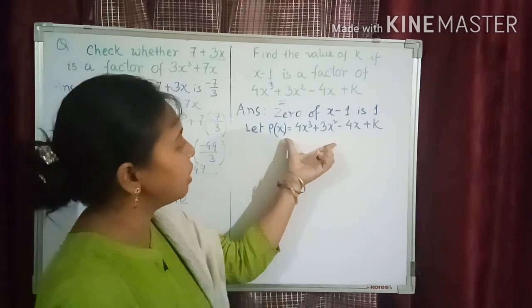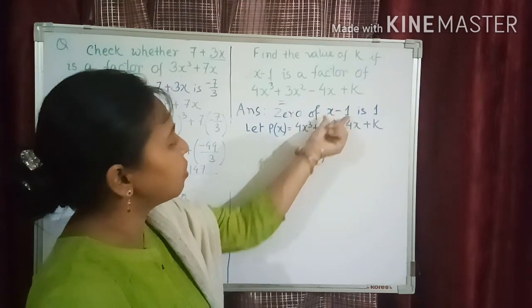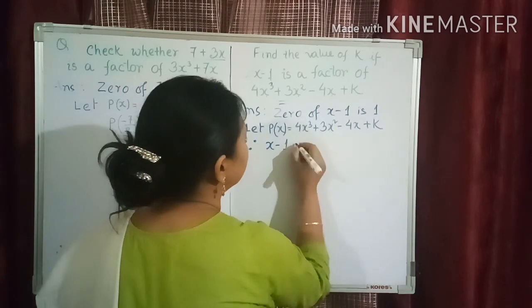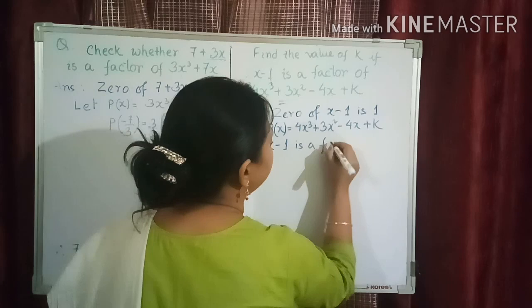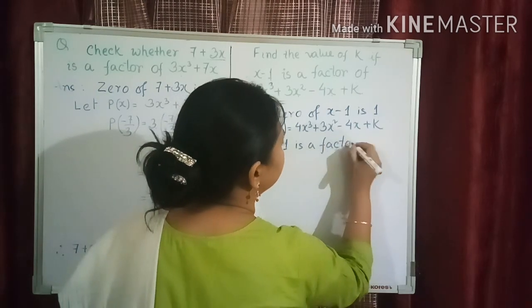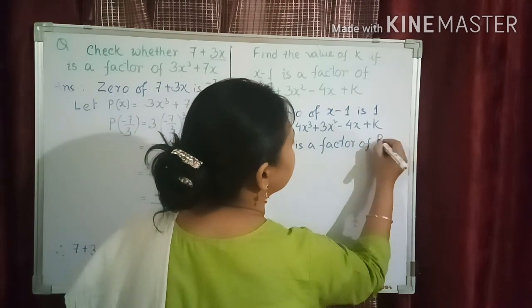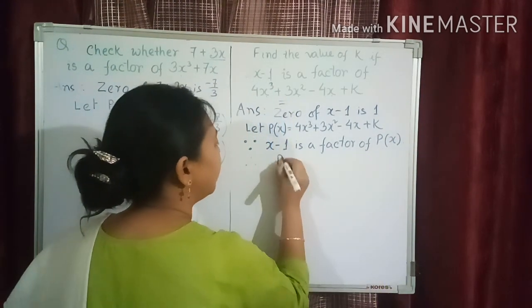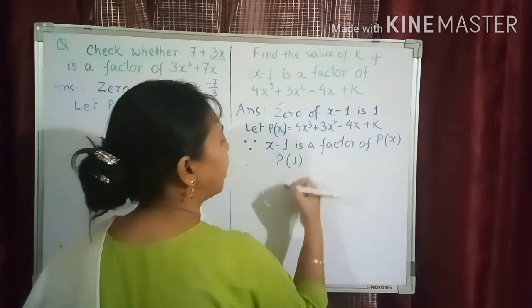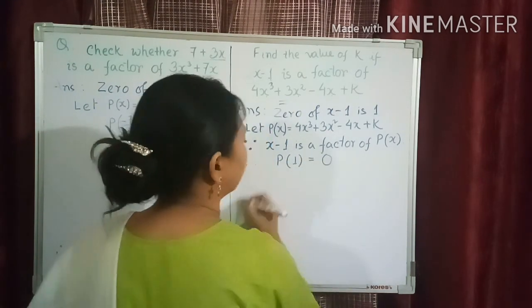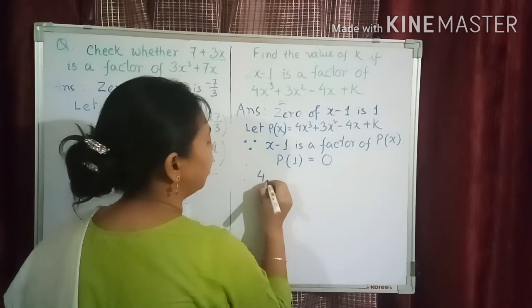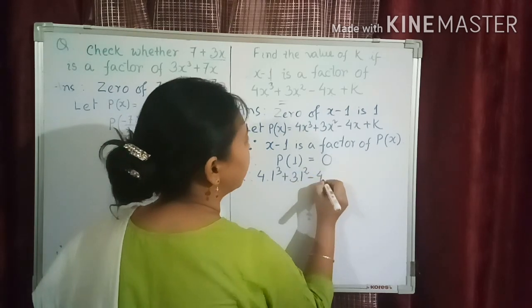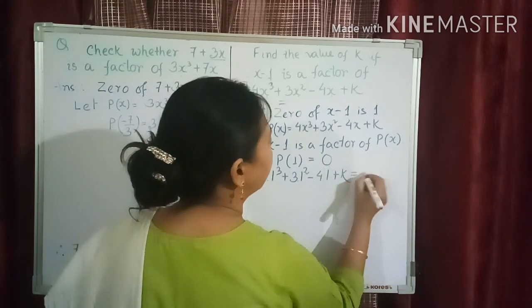After this we know that this is a factor, so we write, since x minus 1 is a factor of P(x), therefore P(1), if we put this value here, we will get 0. So therefore 4 into 1 cube plus 3 into 1 square minus 4 into 1 plus k is equal to 0.